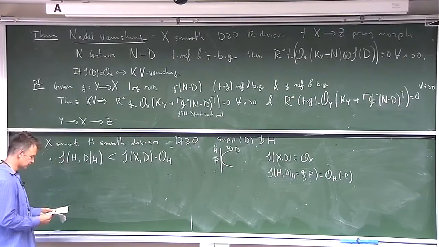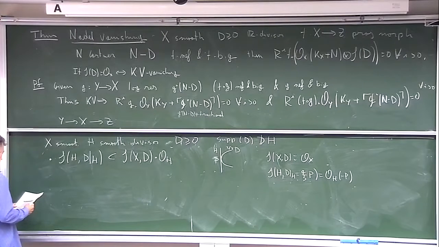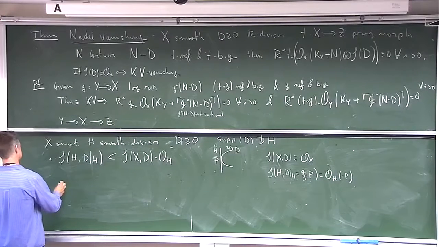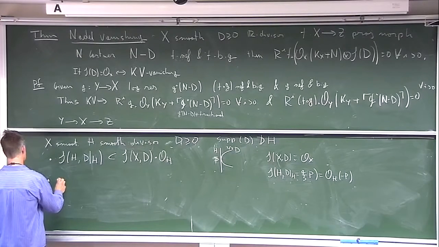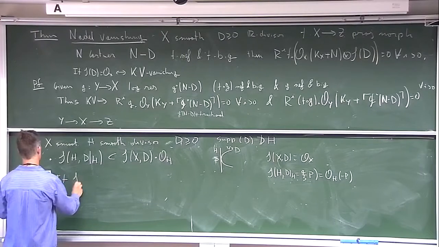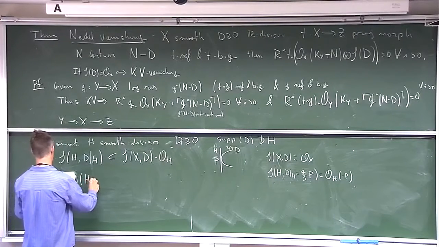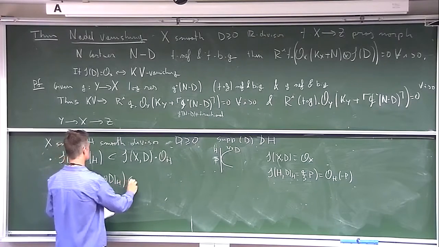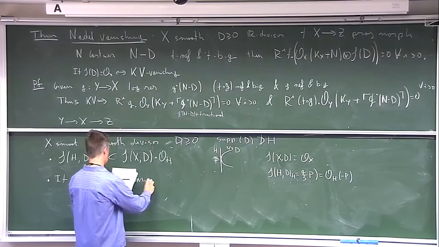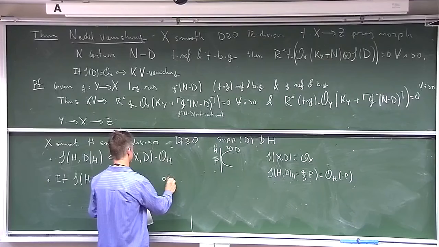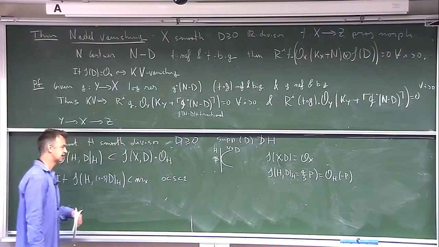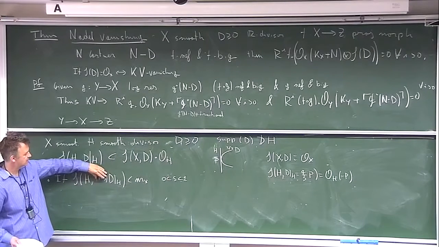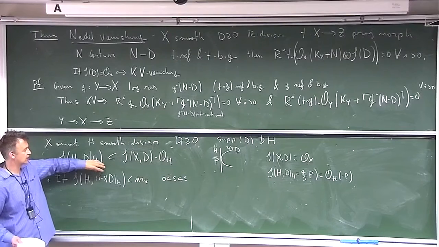The interesting direction is the analog of inversion of adjunction. So suppose that I know that the multiplier ideal sheaf on H of (1 minus s) D restricted to H is contained in m_x for some s which is less than 1. Okay, so if s were equal to 0, then I'm saying that this restriction is not Kawamata log terminal.